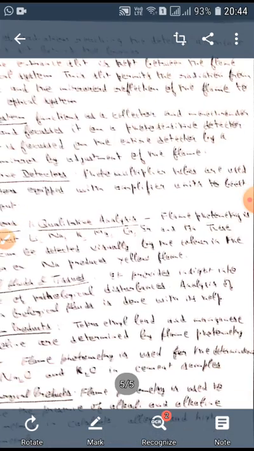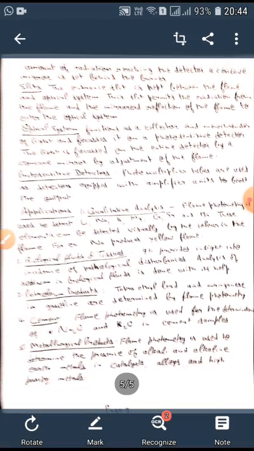Another application of flame photometry is in the petroleum industries. Petroleum products such as tetraethyl lead and manganese in gasoline can be determined easily by flame photometry. This is a very important quantitative application of flame photometry. Next application is in the cement industry.